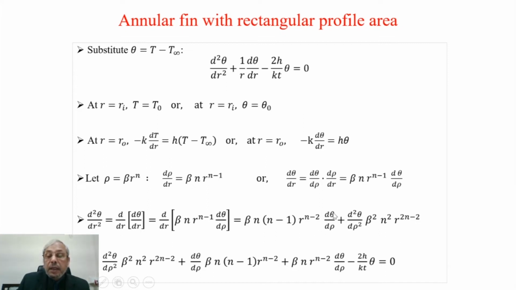Then we get d theta d rho into all these quantities, beta n minus 1 r to the power n minus 2. We had d theta d rho divided by 1 by r, which is beta n r to the power n minus 2.